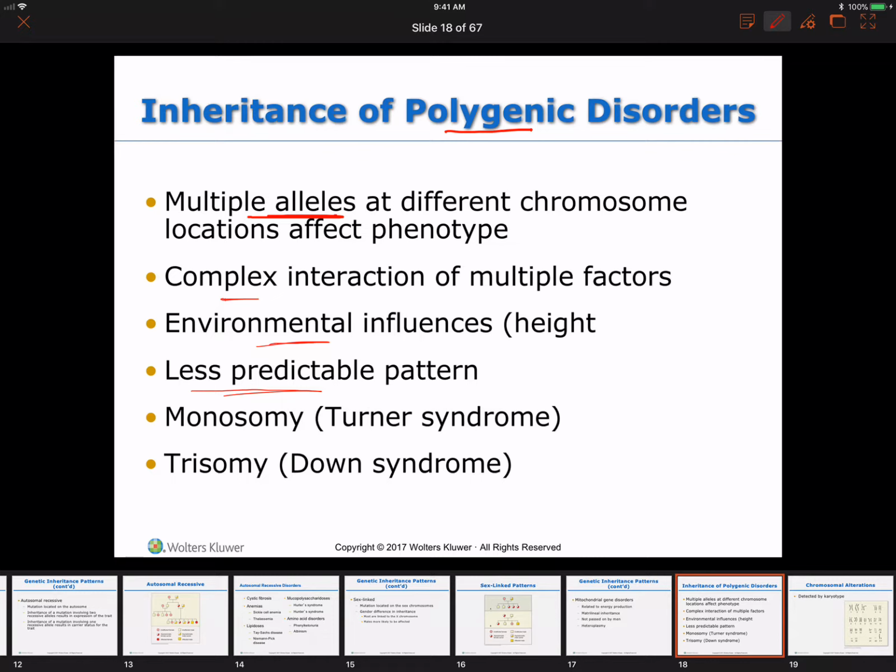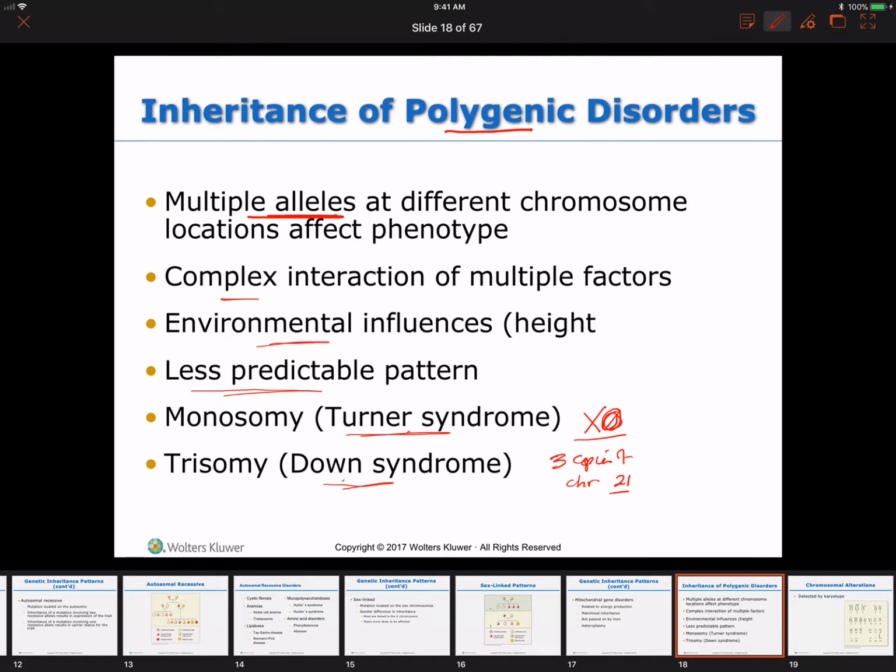Some possible examples would include things like Turner syndrome and Down syndrome. Turner syndrome is when a female is born with one X chromosome. So she loses one of her X chromosomes. This is a 0, so there is really no second X, just one. And Down syndrome is when someone inherits a third copy, so they have 3 copies of chromosome 21.